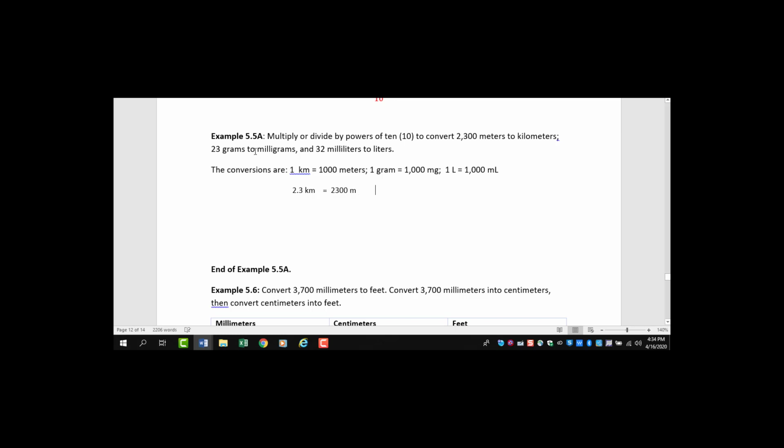Here I have 23 grams. I'm going to go to milligrams. How do I go from grams to milligrams? I multiply by 1,000, which moves the decimal 3 places. And finally, I have 32 milliliters.